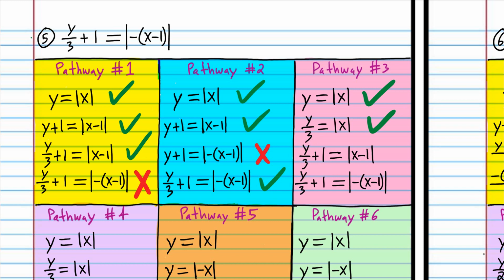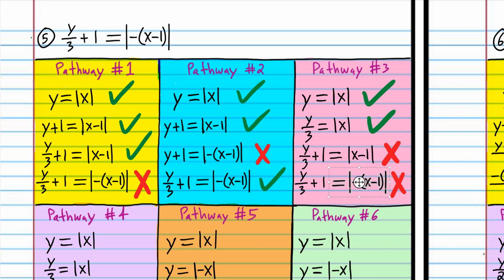We're adding 1 to y over 3. If we add 1 to just y alone, that tells us to move the graph down 1 unit. But we're not doing that. We're adding 1 to y over 3. The transformation properties don't tell us what to do in that situation. We're also writing a negative on x minus 1. Transformation properties don't tell us what to do in that situation either.